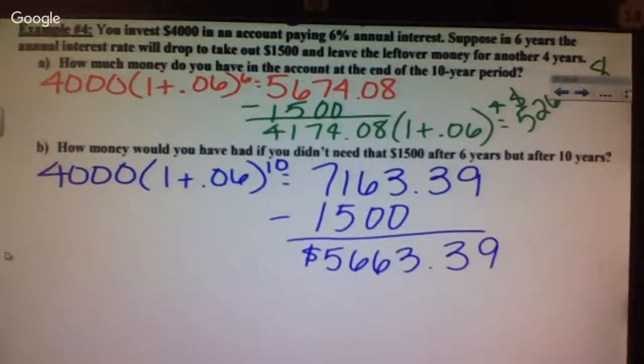So what Ashley did, instead of going back clear to the beginning and doing it for a total of 10, she just took the answer that you had after 6 years and did it for another 4 and got this same total, and then subtracted. That's a good call. That worked.